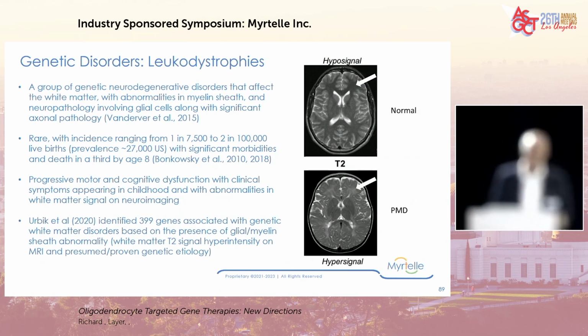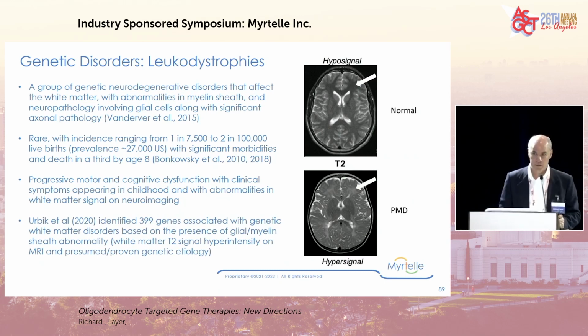Recently, Josh Bonkowski and his colleagues at the University of Utah identified 399 genes that are associated with altered myelin on T2 MRI and are potentially causative for genetic white matter disease. For gene therapists like us, this is a lot of potential shots on goal.